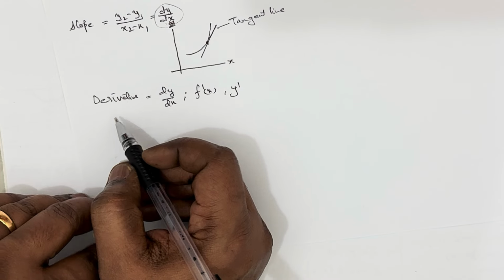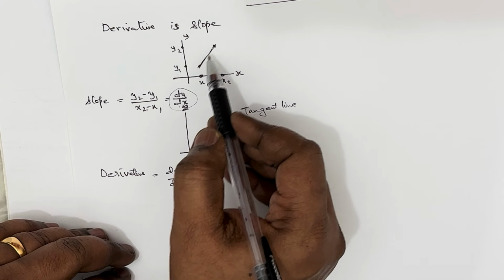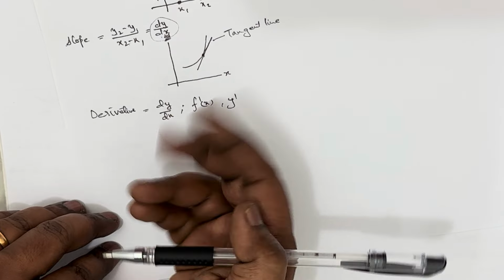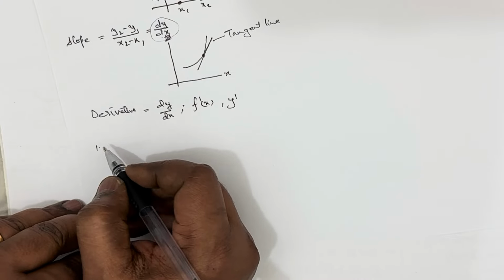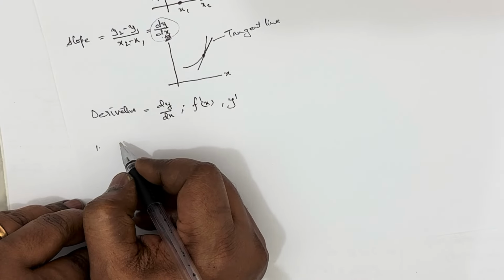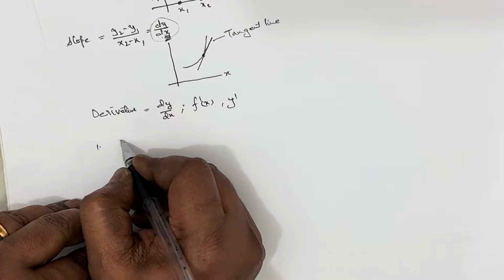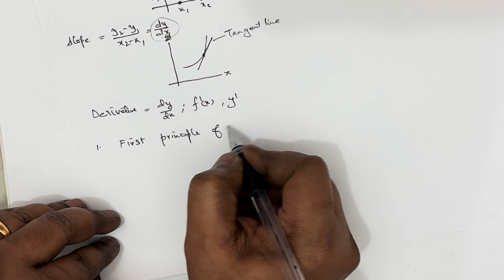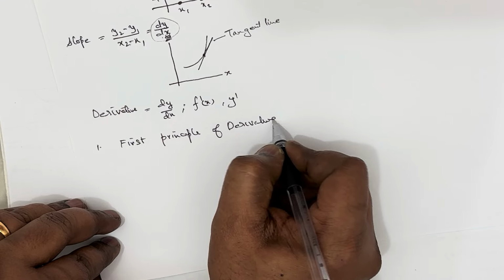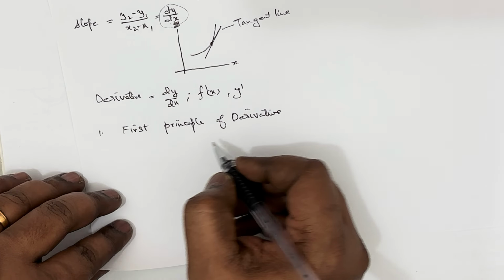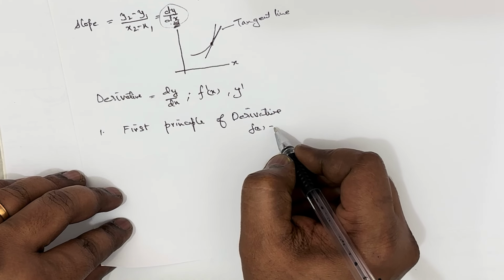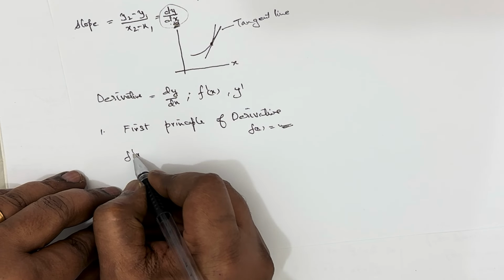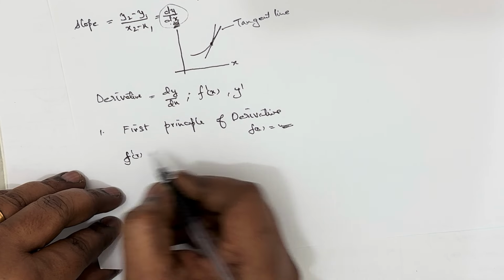So the formula for finding slope is this for a straight line. Now for finding derivative, you have 2 formulas. The first one is the basic formula, that is the first principle of derivative. Say, for example, f of x is a function, then f dash of x is the notation for its derivative.